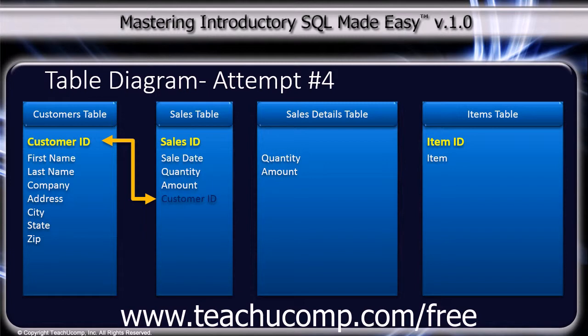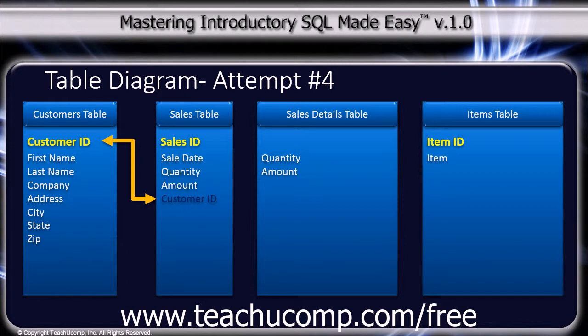To do this, you will add a foreign key into the sales details table that corresponds to the data in the primary key within the sales table. Therefore, you will add the sales ID field into the sales details table. Next, examine the relationship between the items table and the sales details table.